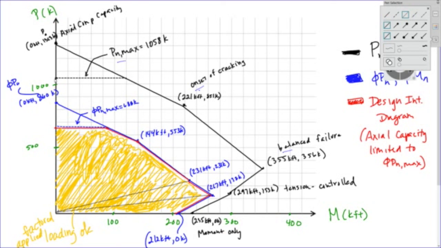What was my phi factor? 0.65, because all of them were compression controlled.